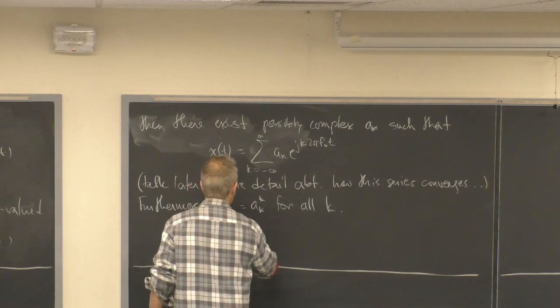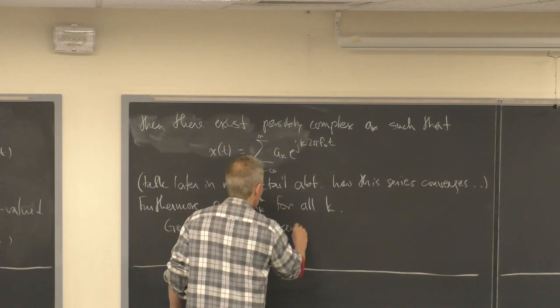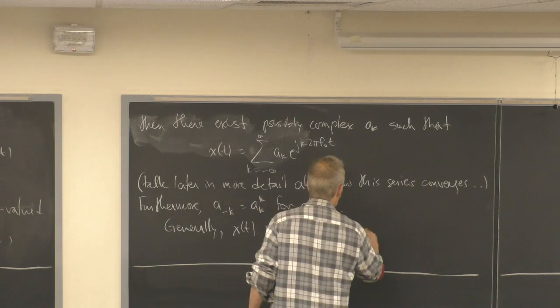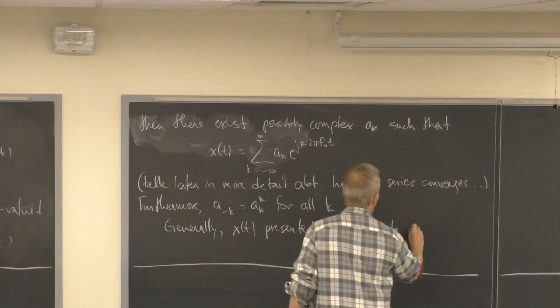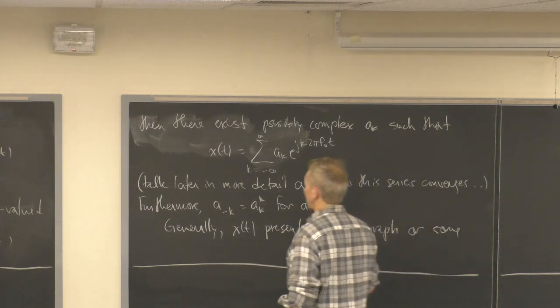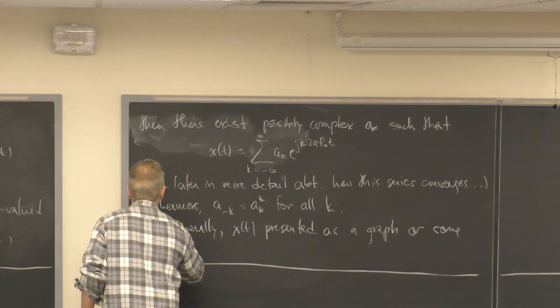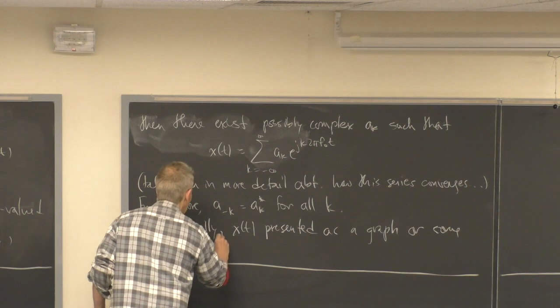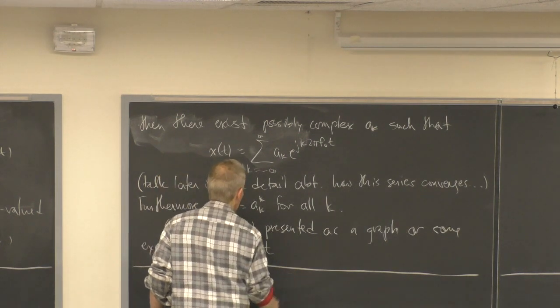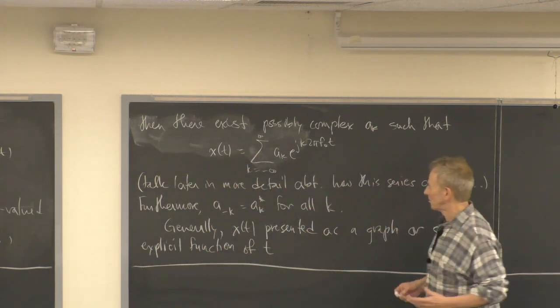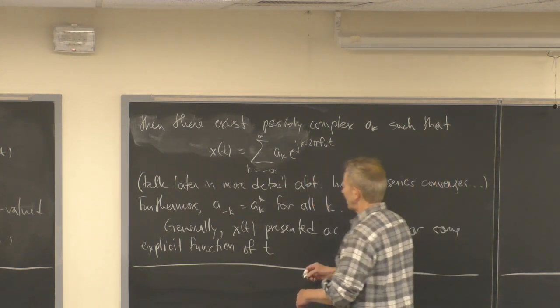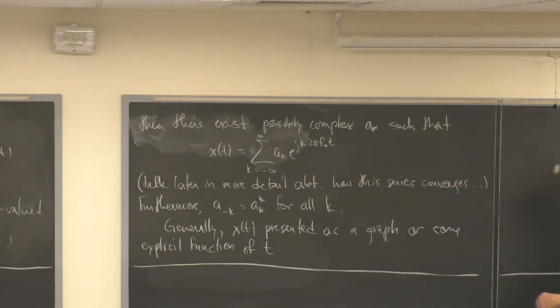In principle, you can move back and forth between graphs and explicit functions of t. For example, somebody might draw a triangle wave or a square wave or a sawtooth wave that's obviously periodic with some period t0 and some frequency f0, and ask you to write x of t that way.